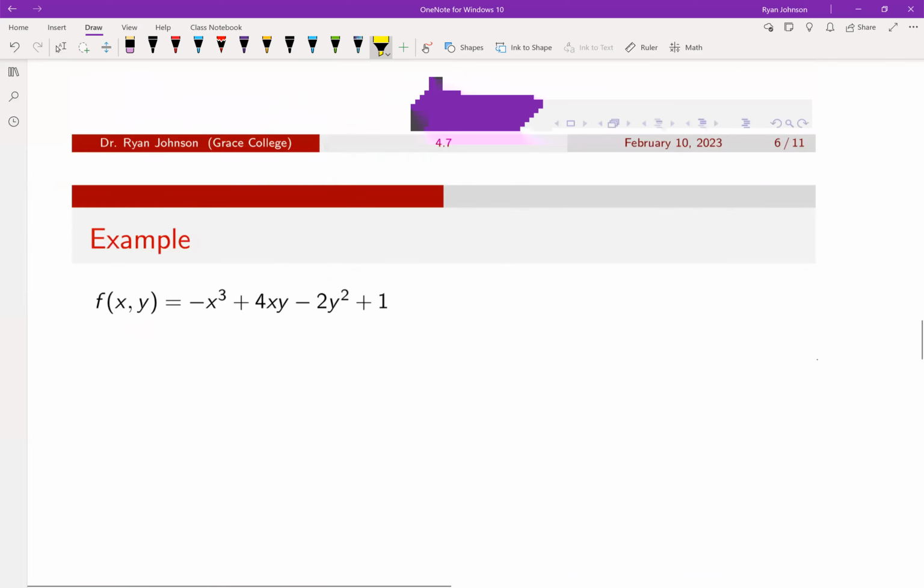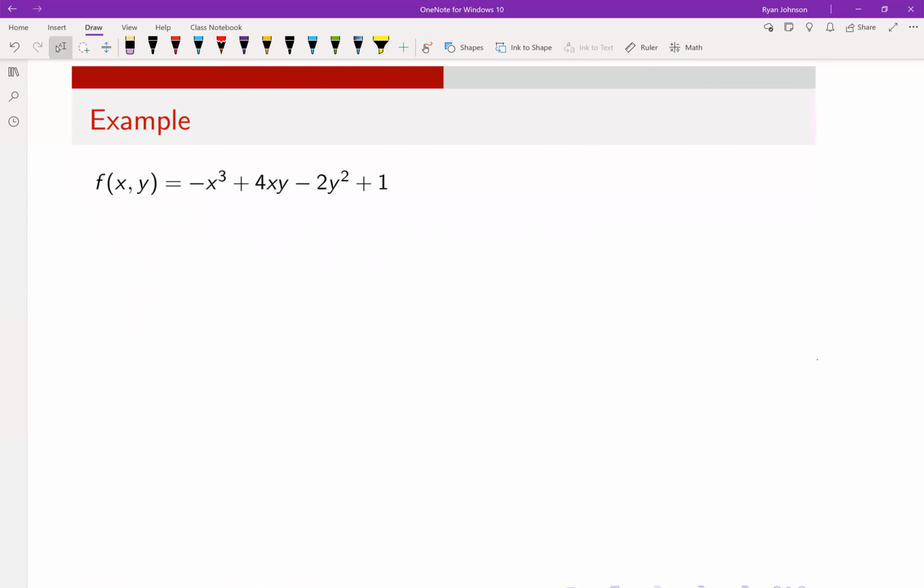Okay, so here's an example. Here we'll do fx of xy is negative 3x squared plus 4y, and fy of xy is equal to 4x minus 4y.